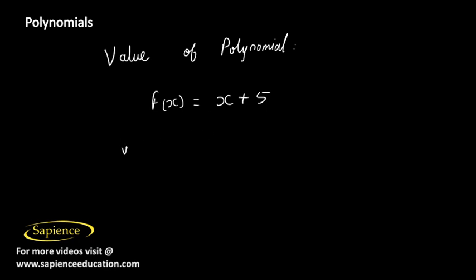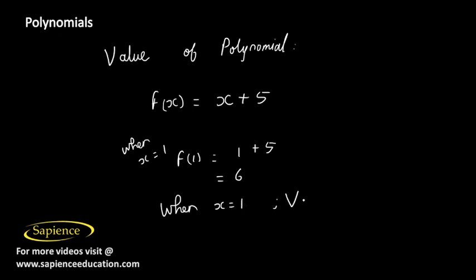For example, when x is equal to 1, f of 1 will be 1 plus 5, which is equal to 6. So when x is equal to 1, the value is equal to 6. Clear? When we substitute any known value for the variable, the value of that polynomial is called the value of the polynomial.